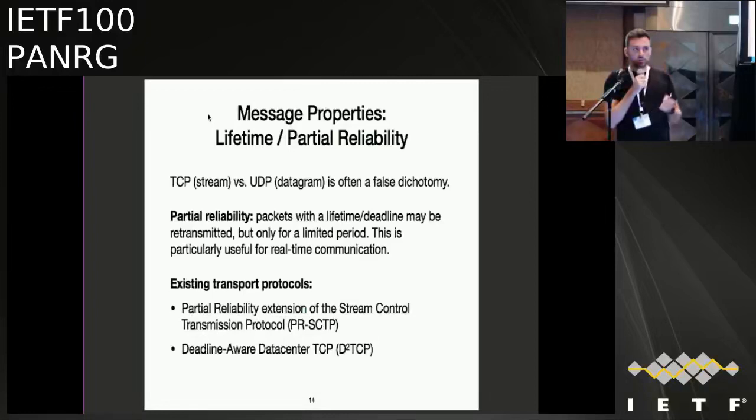It's typically a trade-off, so that's one way to specify strict latency conditions. There exist transport protocols that use this concept of partial reliability: there's a partial reliability extension to the SCTP protocol, and there's a variant of TCP called Deadline-Aware Datacenter TCP.